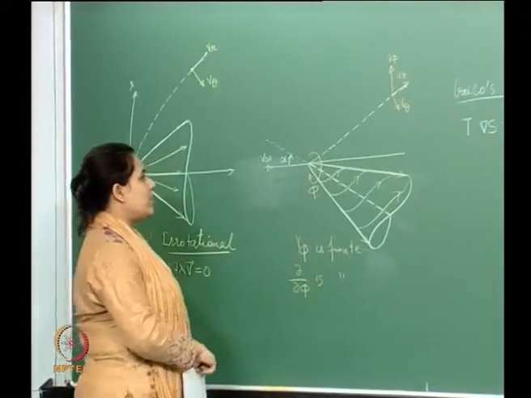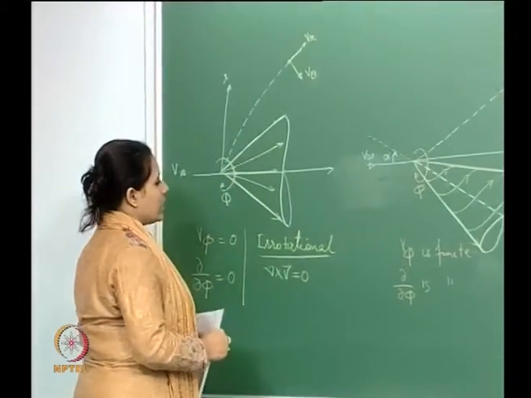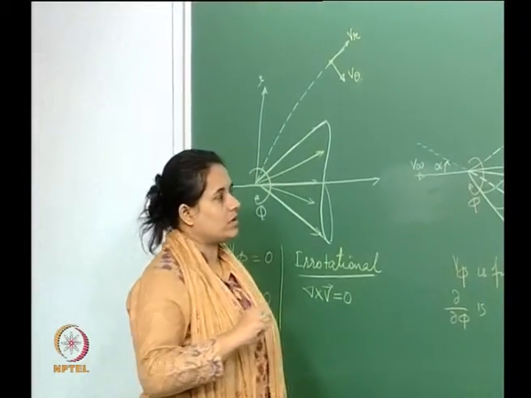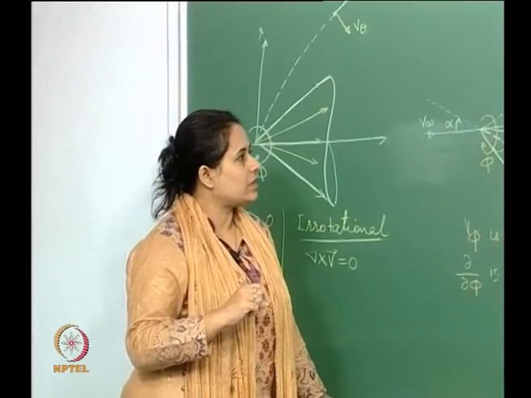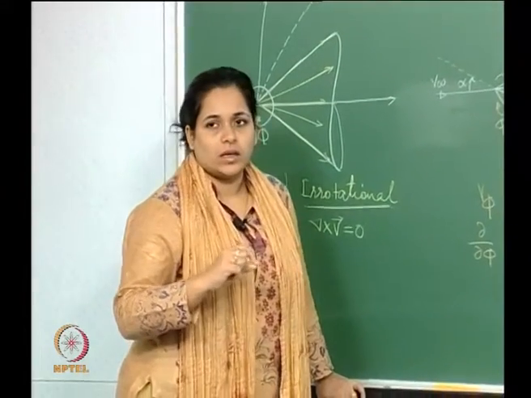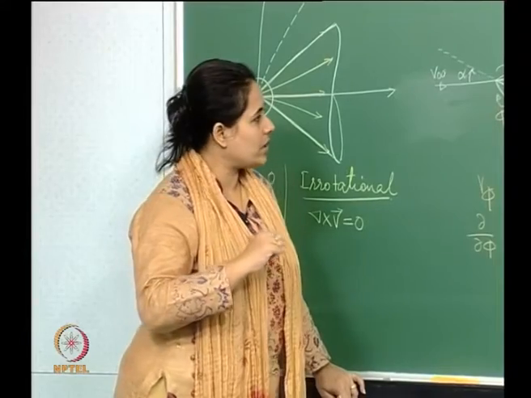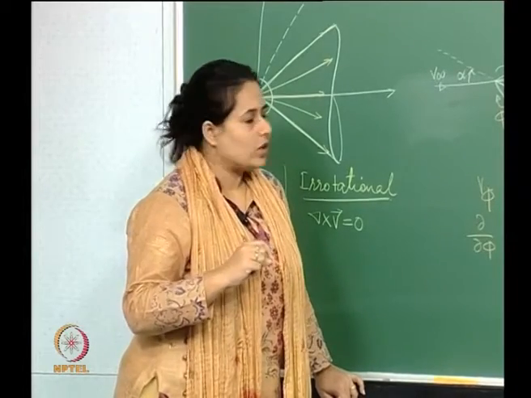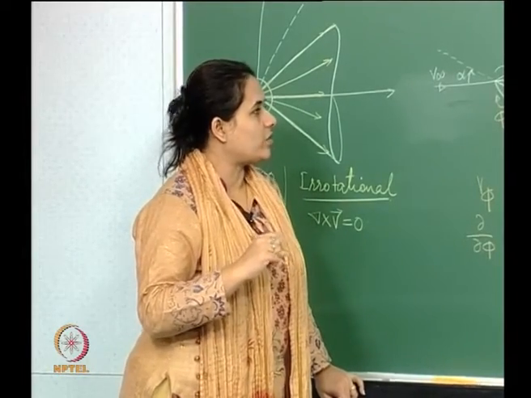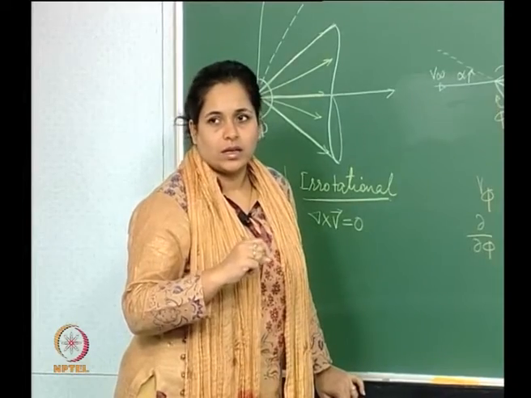Now, a streamline has a constant entropy. So a streamline will have a constant entropy.